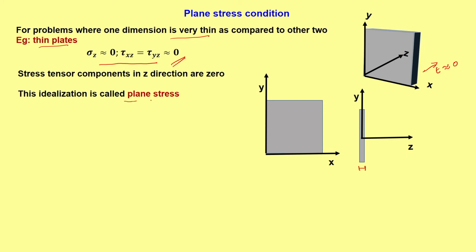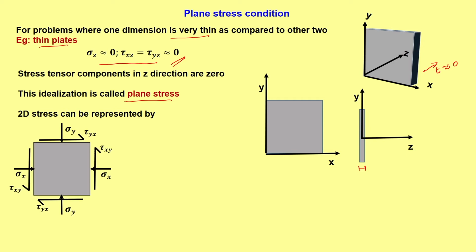This idealization is called plane stress. So, stress in one direction is 0, that is plane stress. Strain in one direction is 0 is plane strain. So, 2D stress can be represented in this manner. So, we are left with sigma x, sigma y and the shear stress components acting in the xy plane, that is tau yx and tau xy.